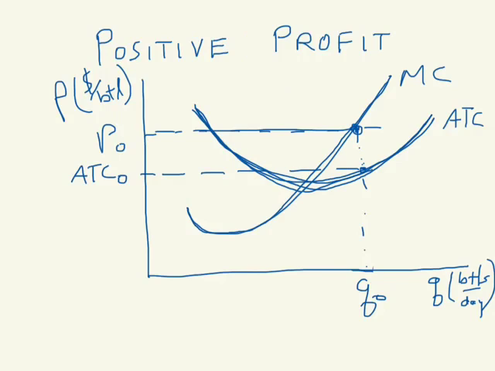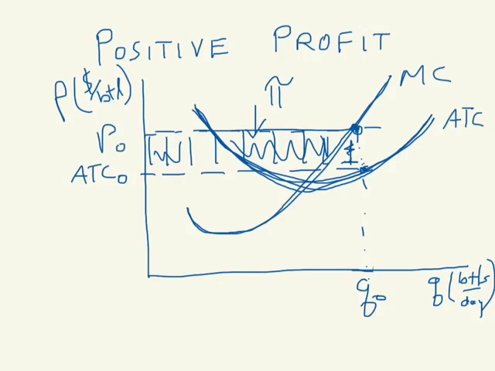And then if we multiply average profit by the quantity produced, we get the area of this rectangle, which is also profit. So here I've drawn the case where the firm is making a positive profit. P naught is greater than ATC, average total cost at Q naught.